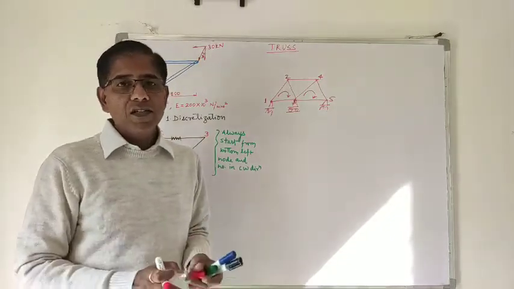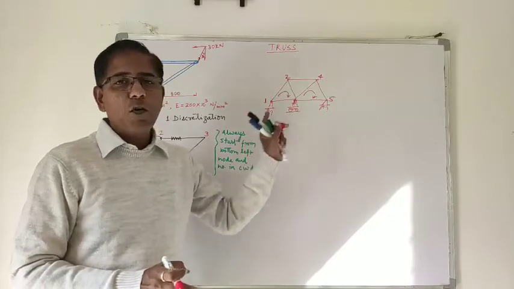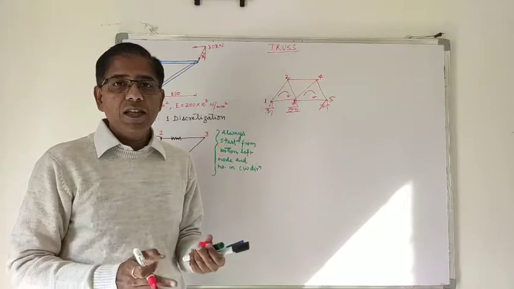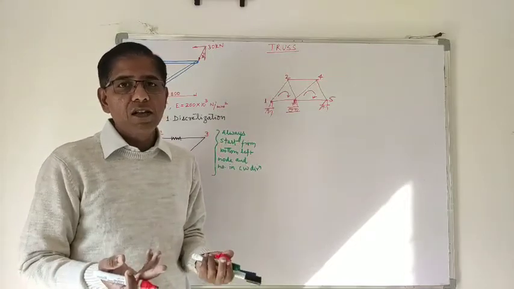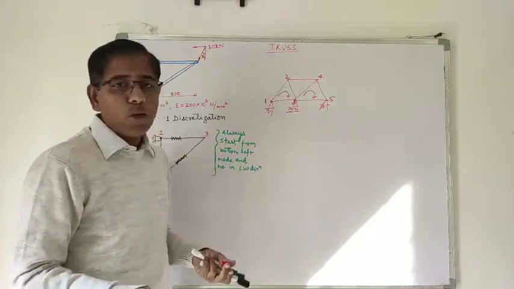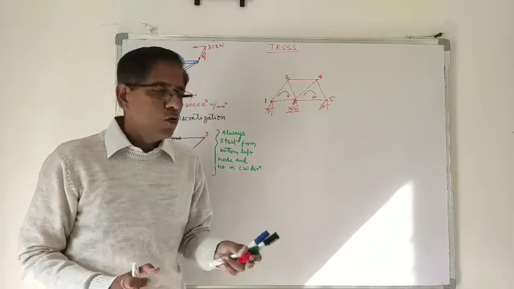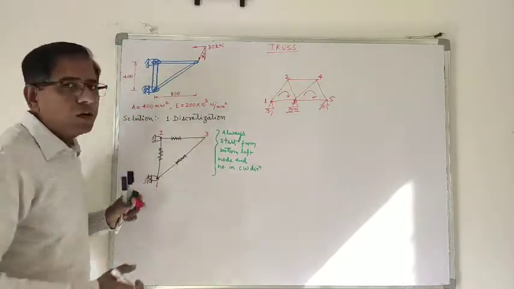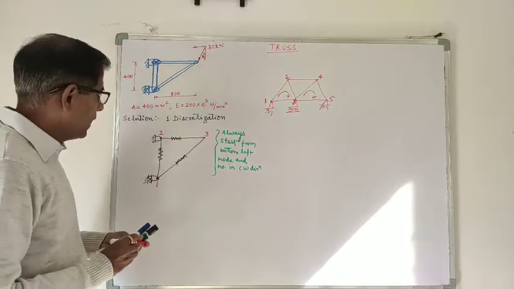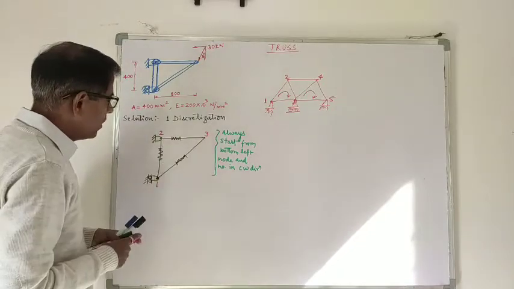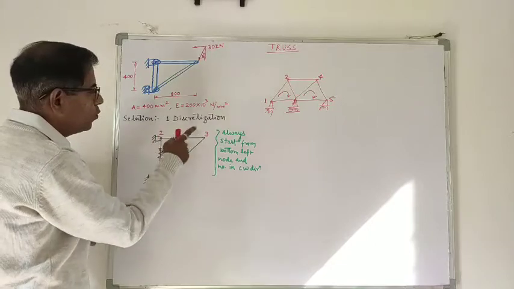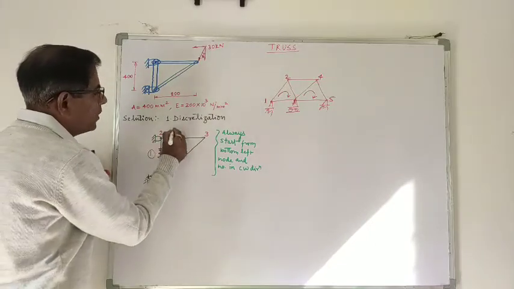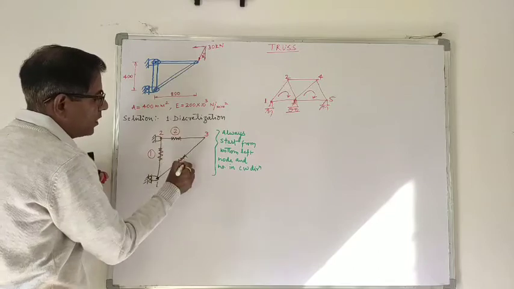If your inclination is correct, then your problem is correct. But if you make mistakes in calculating the inclination angle, then your entire problem may be wrong. So I suggest you always start with bottom left corner and go in clockwise direction. So this is node number 1, node number 2, node number 3, and this is element number 1, element number 2 and element number 3.